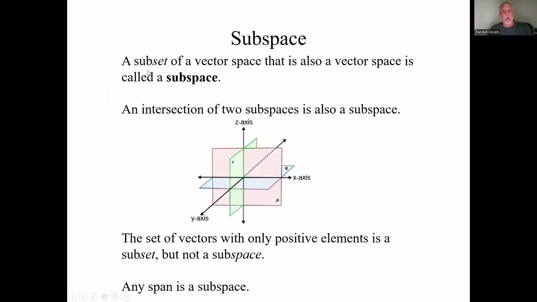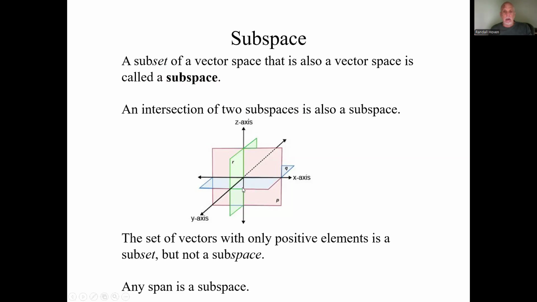For one thing, a subset of a vector space that is itself a vector space, meaning it obeys those two axioms, we call a subspace. It's a vector space, but is also a subset of another vector space. The intersection of two subspaces is a subspace.